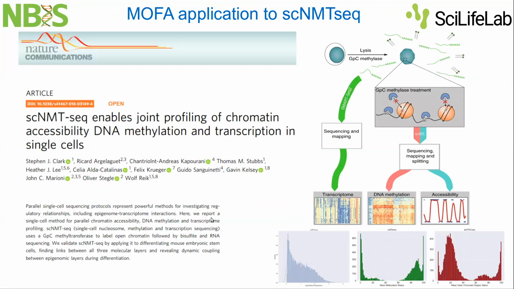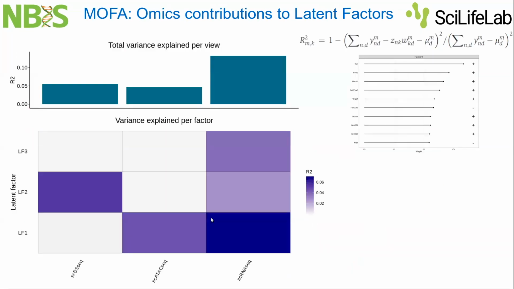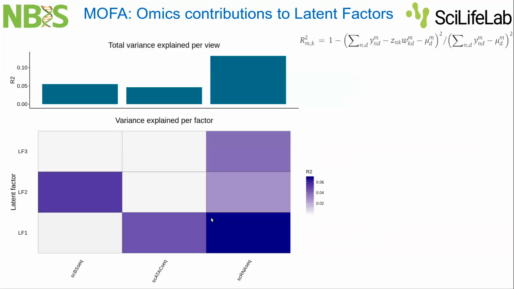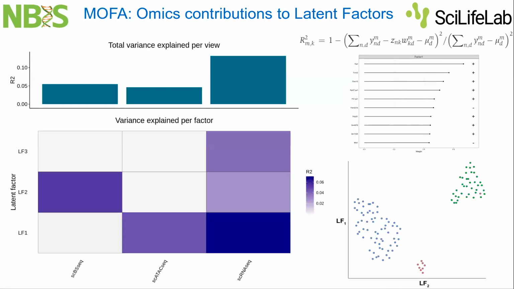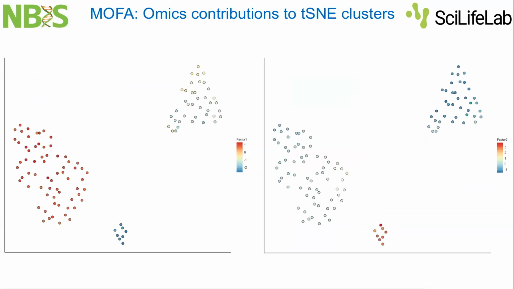I'll skip this. It's just an application of MOFA to this scNMT data, a reiteration of the same things. One important thing about MOFA I wanted to emphasize is that there is a very nice interpretation. You can color how much each omic contributes to each cluster.